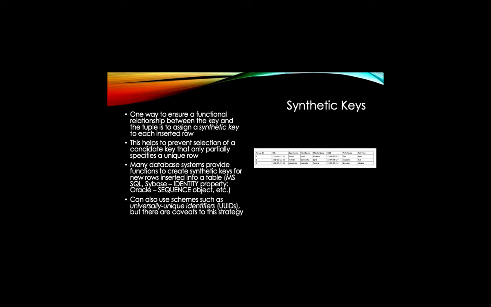So database systems very early on came up with a concept of creating and generating synthetic keys for new rows inserted into tables. Sybase and later on Microsoft SQL Server came up with the identity property, which basically allows you to assign that property to a key value, and it consistently sits there and either adds 1 or 100 or 50 or whatever the step value that you create.